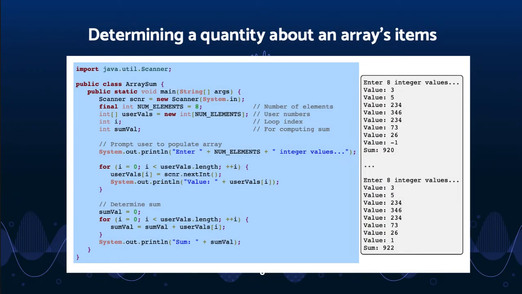So how do we determine it? In this example, we are determining the total of the values in an array. First, the program asks you to enter 8 integer values. There's a for loop, and it will compare.